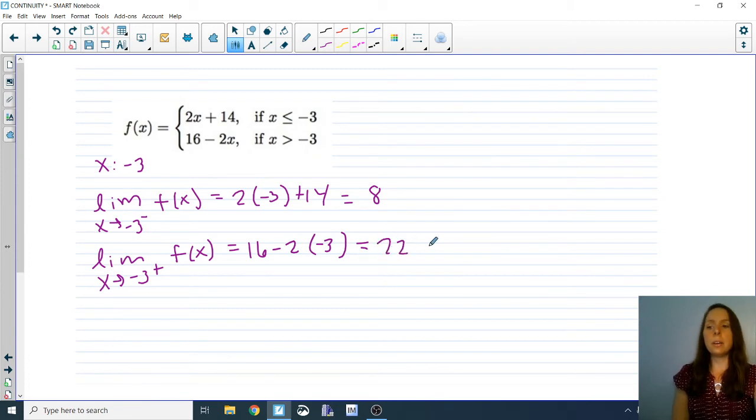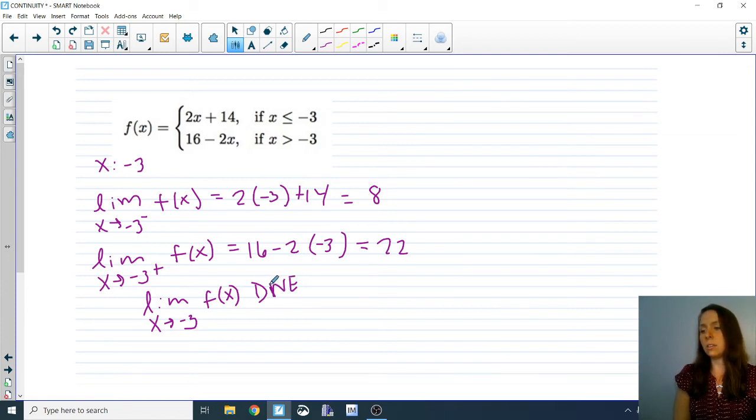And so right here we can stop and we can say, okay, there's definitely a point of discontinuity at x equals -3. Okay, I don't need to go any further. I could say that the limit as x approaches -3 of f of x does not exist, which means that my definition of continuity at that point fails, and so it is not continuous.